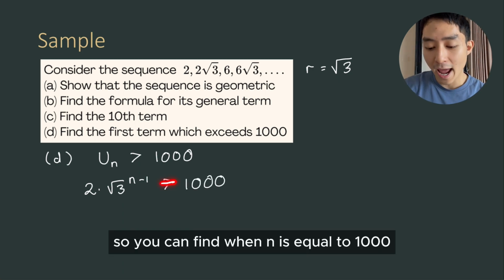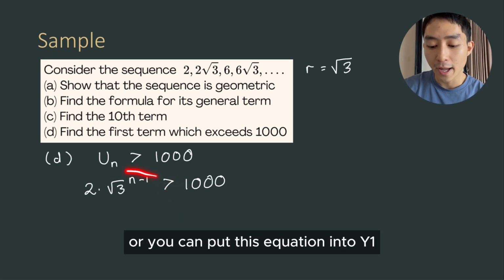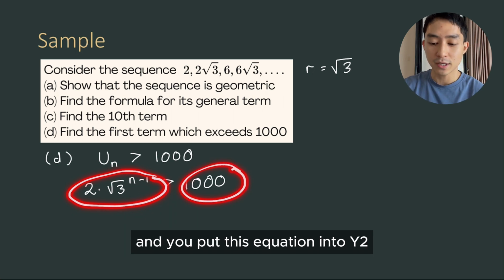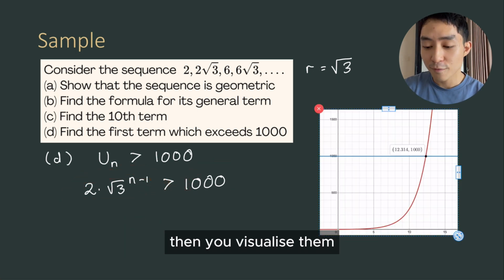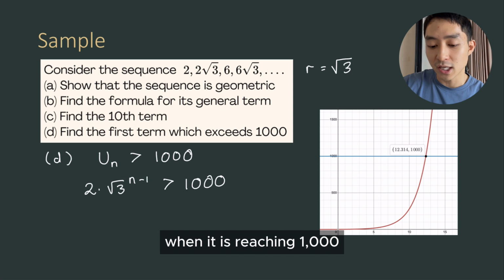So you can find when n is equal to 1000 by putting in numeric solver, or you can put this equation into y1 and you put this equation into y2. Then you visualize them and you know that n is 12.314... when it is reaching 1000.